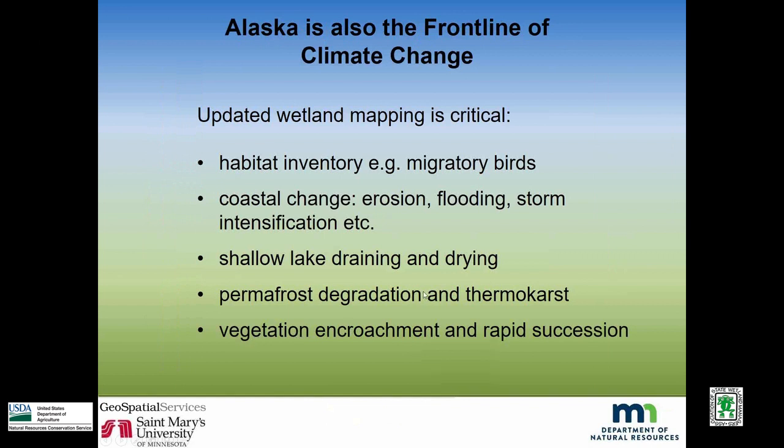And then vegetation encroachment and rapid succession of vegetation, particularly trees, in areas where it previously did not exist. Again, that's a function of temperature, but also of drying. And I'll show just a quick example of that.